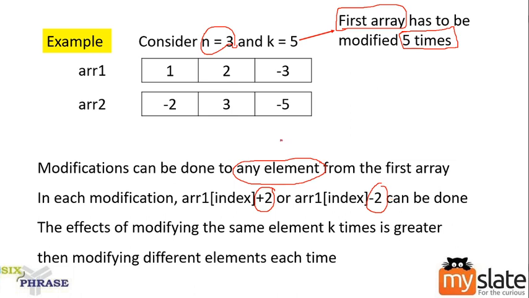Let me say first time we modify the first element, second time the second element, third time the third element, fourth time again the first element, fifth time again the second element, which means we are scattering the modification.